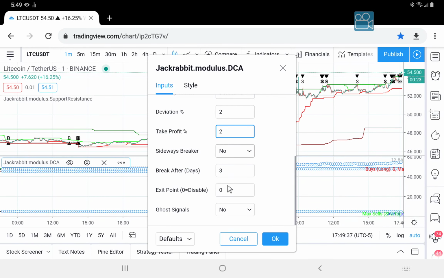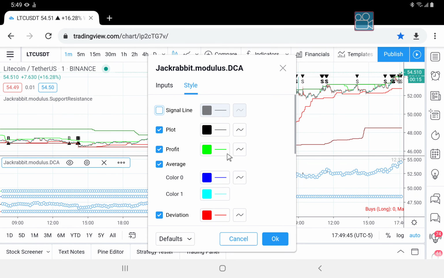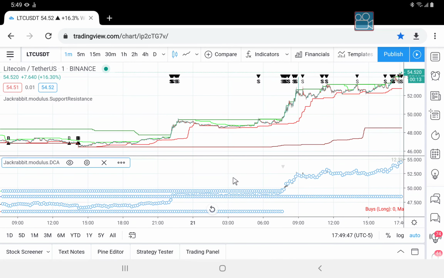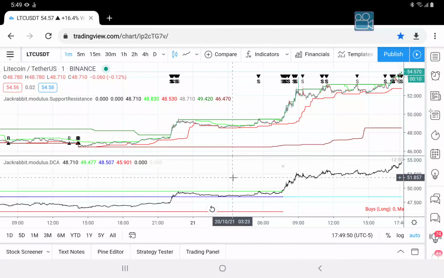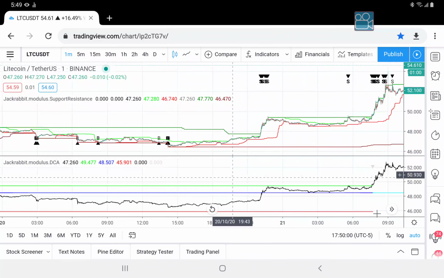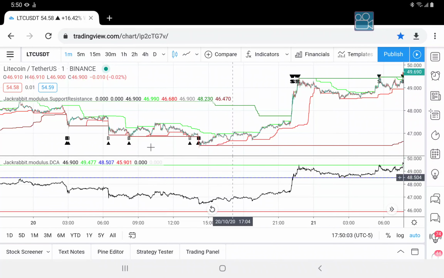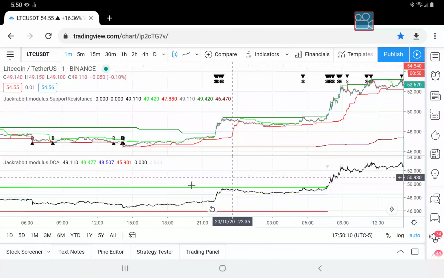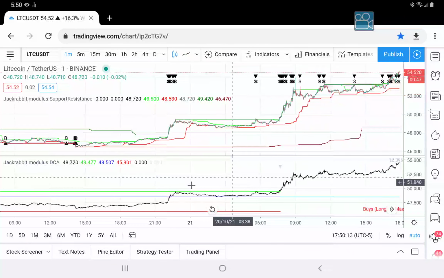So now I have pretty much a $600 budget, very limited scope, very limited scale, and, well, quite actually very nice profits. As you can see, only 3 purchases here, even though up here it shows a lot more purchases. So by coupling support and resistance with dollar cost averaging, you have a very effective tool.